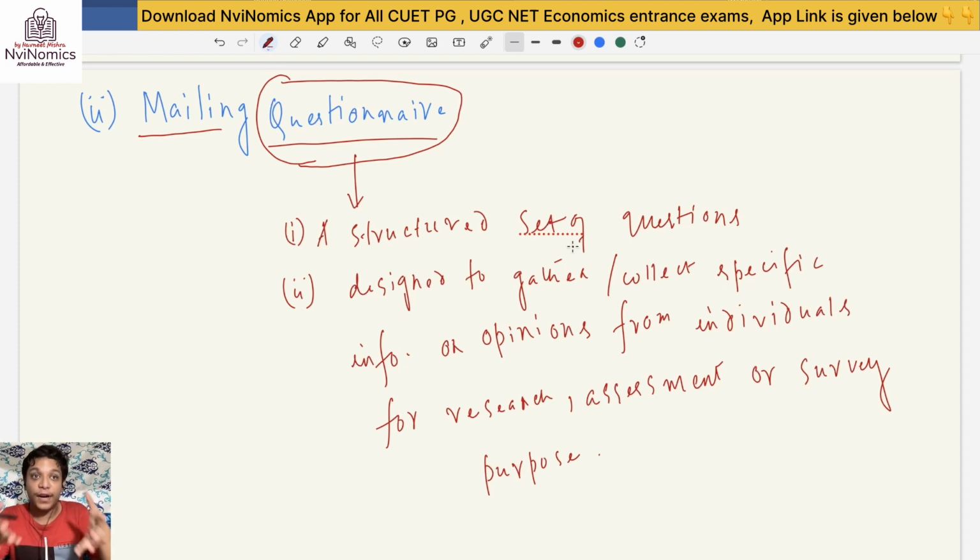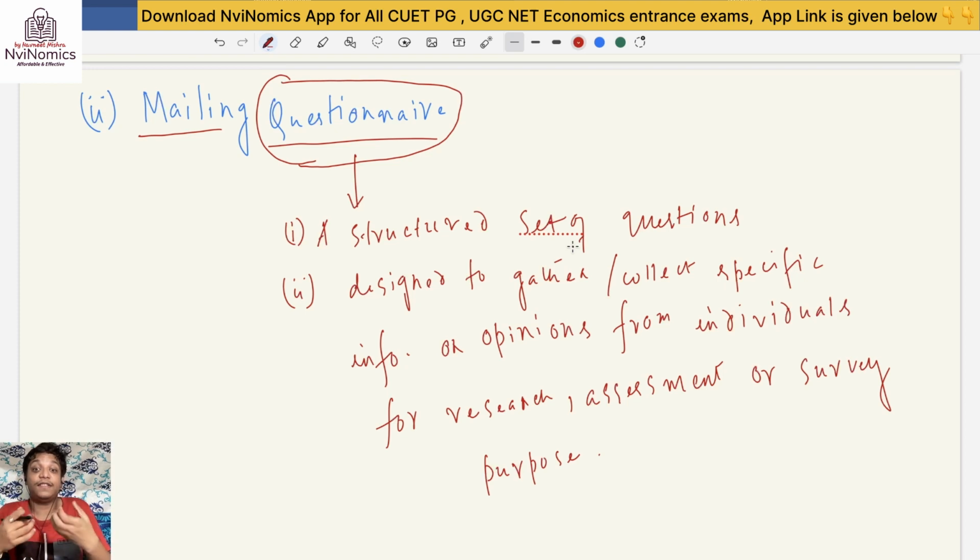It should contain open-ended questions and some general questions. Those questions should also be framed in such a manner that even a layman, even an illiterate person, can understand what the investigator is trying to ask him or her. That's why the adjective structured has been used.